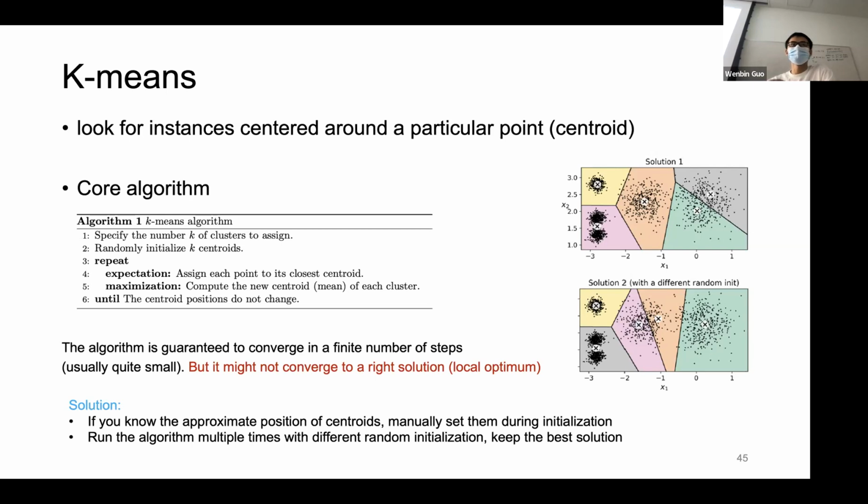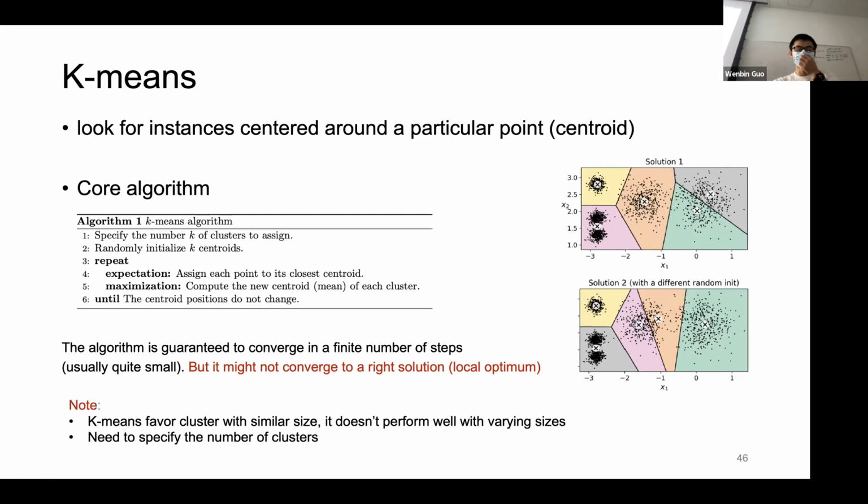Also, if you have some prior knowledge about the possible locations of the centroids, you can use them as the initialization before you run the algorithm. Those are the two solutions you can try.